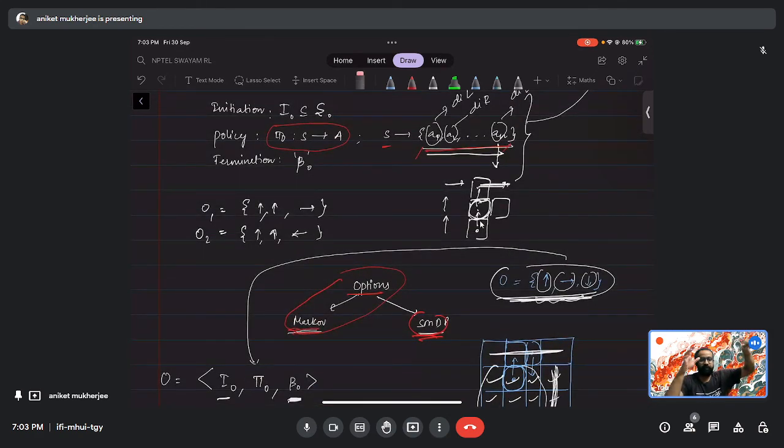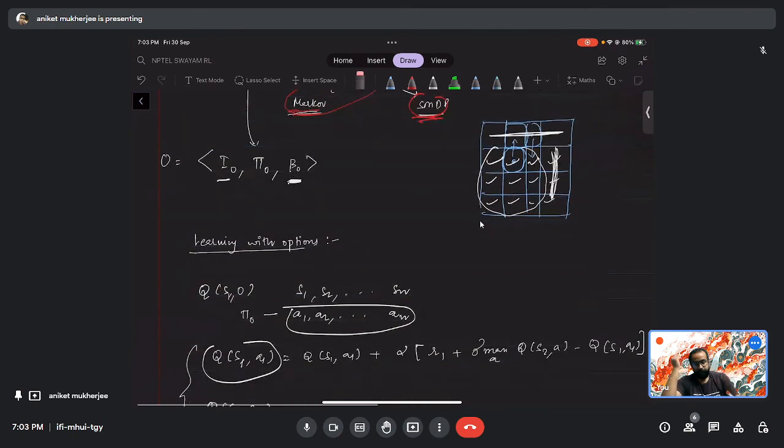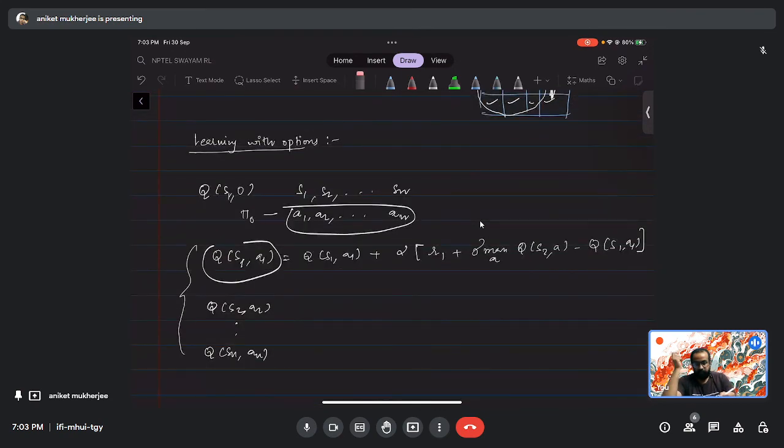You wait for n time steps and then you see where you pop up, similar to a chess bishop or a horse or whatever you want. So now your Q-learning becomes a bit simpler because given a state you pick an option, it goes n steps, and you update each Q function for S1A, S2A, S3A, SNA. You do this multiple times and you will converge quickly for evaluation. This is how you learn the options.